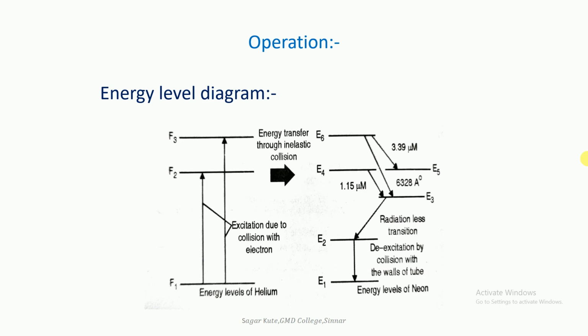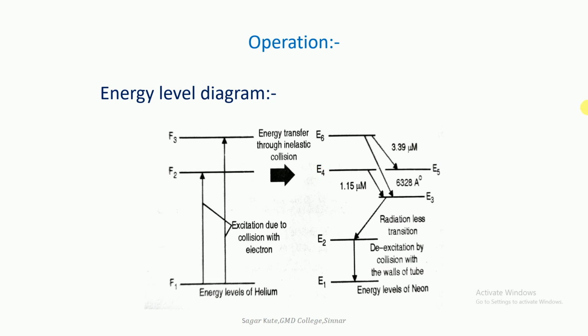The probability of helium atoms transferring their energy to neon atoms by inelastic collision is greater than the probability of excited helium atoms coming to the ground state F1 by spontaneous emission, since the pressure of helium is 10 times greater than the pressure of neon. The levels E6 and E4 are densely populated compared to the other energy levels, that is this one, E6 and E4.